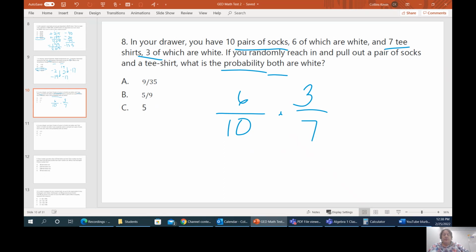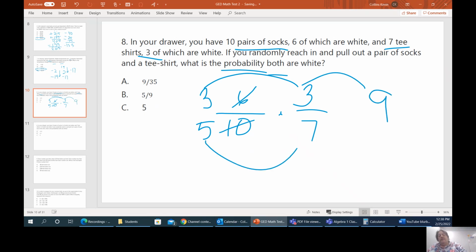So that means we can divide both of those by 2 and still have the same thing. So 6 divided by 2 is going to be 3, and 10 divided by 2 is going to be 5. Now we're ready to multiply. So we do 3 times 3, that's 9. And we do 5 times 7, that's 35. So there's your boy. Okay. And they were kind enough only to give us 3 answers on that one, so that was pretty nice of them. All right, let's check out a couple more.